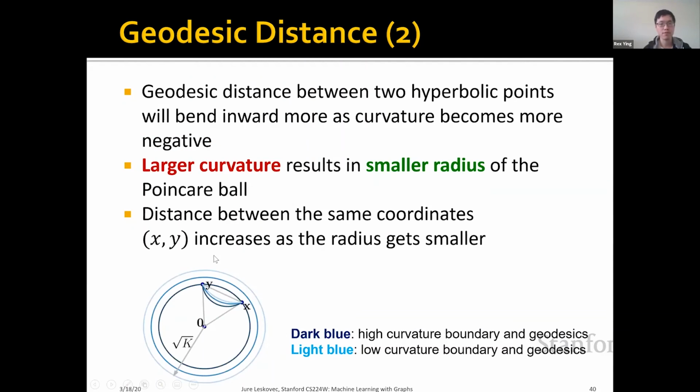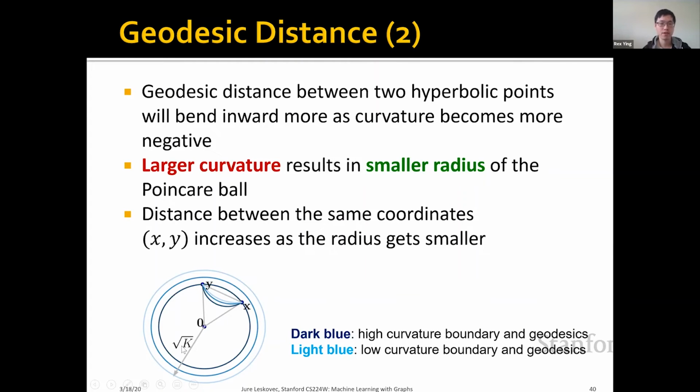This can be visualized in this figure, where we have these two points, x and y, in the hyperbolic space. Here we represent it in the Poincare ball, and 0 is the origin. Root k is the radius, which is inversely related to the curvature of the space. The dark blue curve is the boundary of the hyperbolic space where the curvature is more negative.